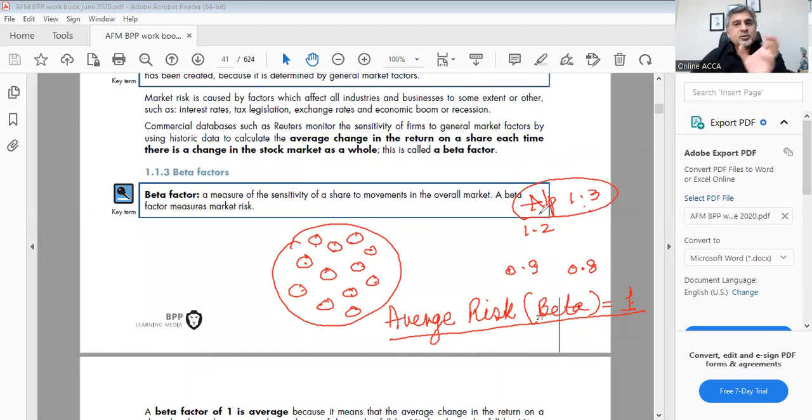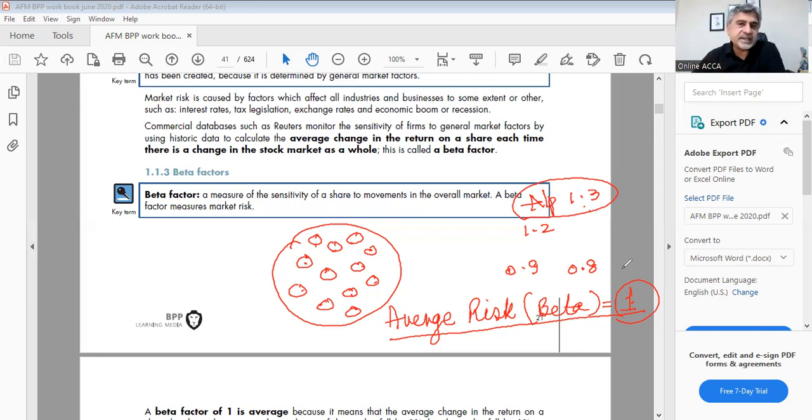So it means that Alpha company is presenting higher risk than the market average. Okay, so the market is presenting a certain level of risk, and Alpha is presenting higher risk than the market average.